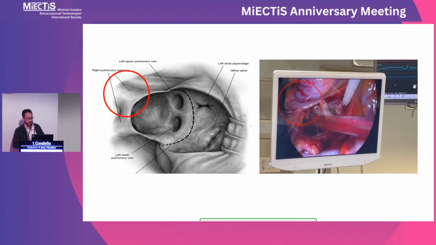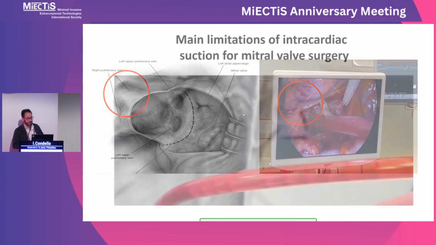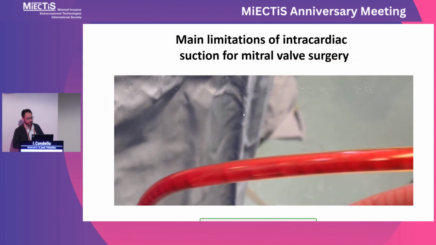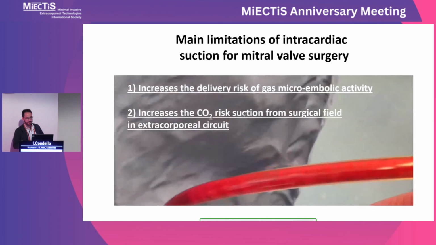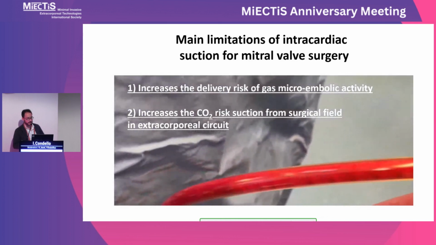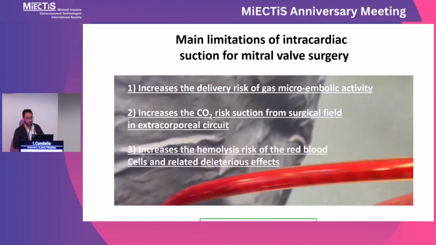In this context, we observe that the main limitation is the increase of delivery of gaseous microembolic activity, the increase of carbon dioxide, and the increase of hemolysis through the use of these aspirators. It is not a good option for the use of MiECC with an artificial venous reservoir.